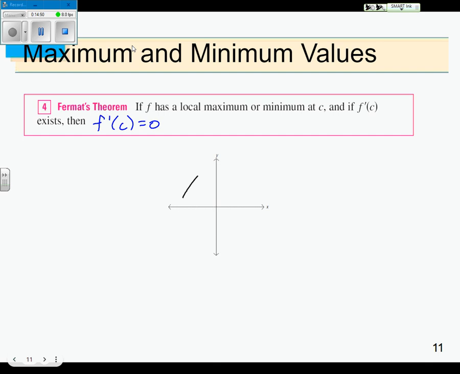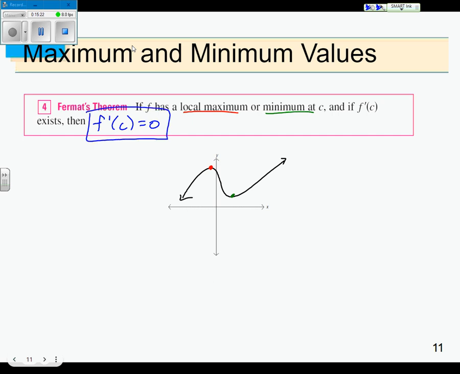So let's go back and draw our fun graph here. Fermat says that if I have a local max or local min, okay, so let me find my local maxes. Local max and local min. He said that if I have that local max or local min on my graph, and I take the derivative there, then the derivative has to equal 0.